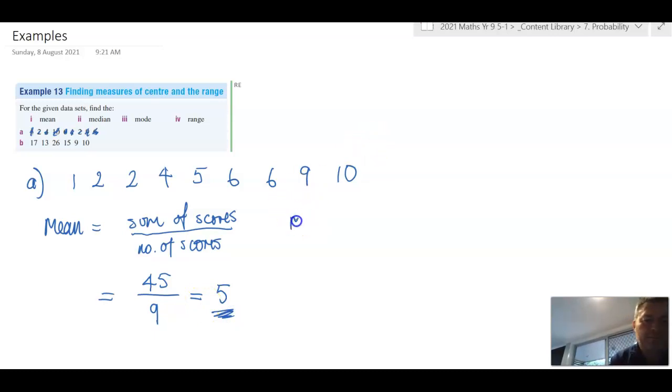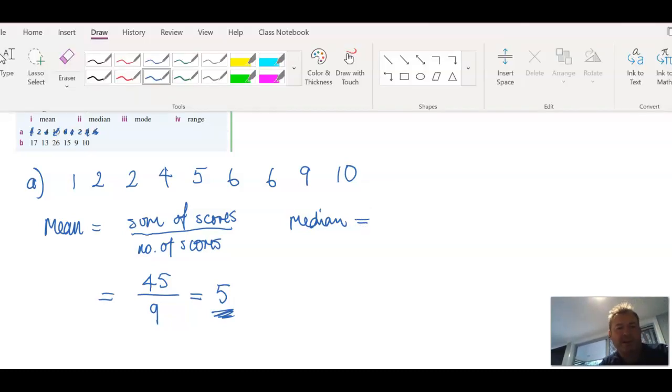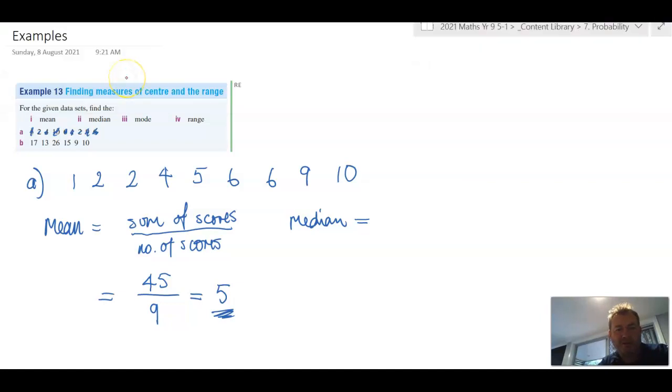The median. To calculate the median, I need to find the middle score. One way of doing this is to cross off in pairs the highest and the lowest and work my way into the middle.